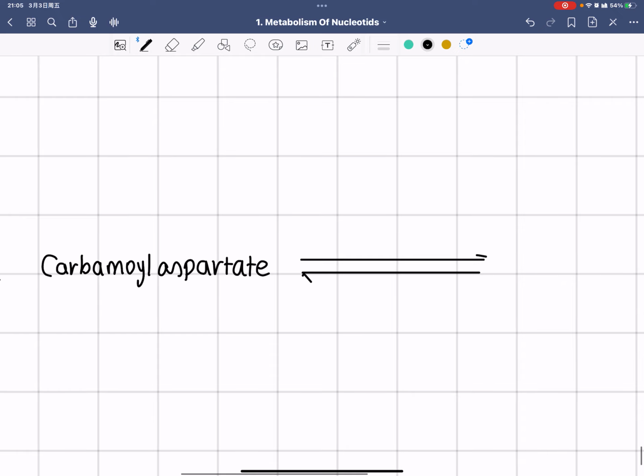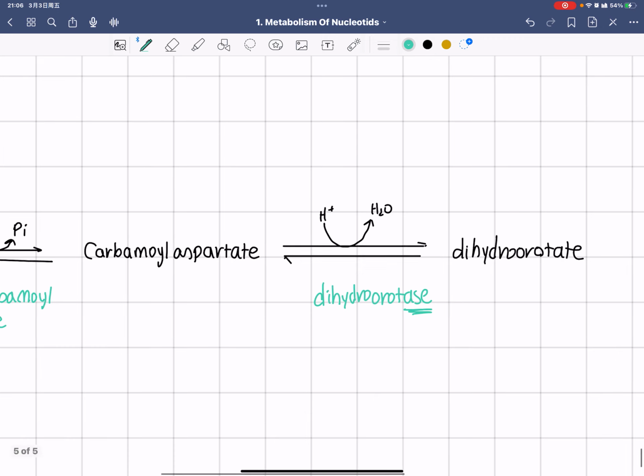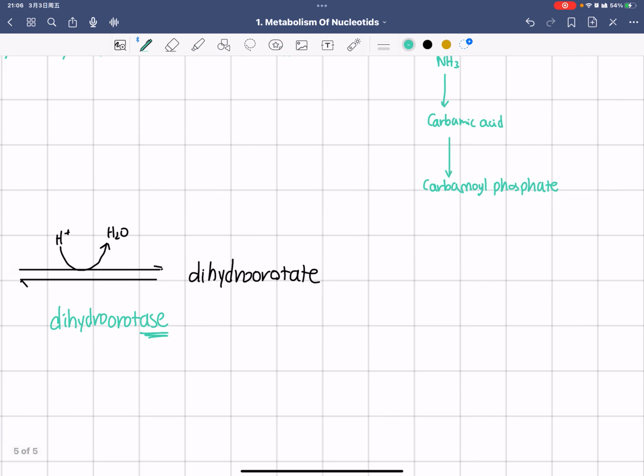So now I have to close this circle by getting rid of a molecule of water to form dihydroorotate. And because we're forming the dihydroorotate, the enzyme is dihydroorotase. The ase is coming in, of course, an enzyme.